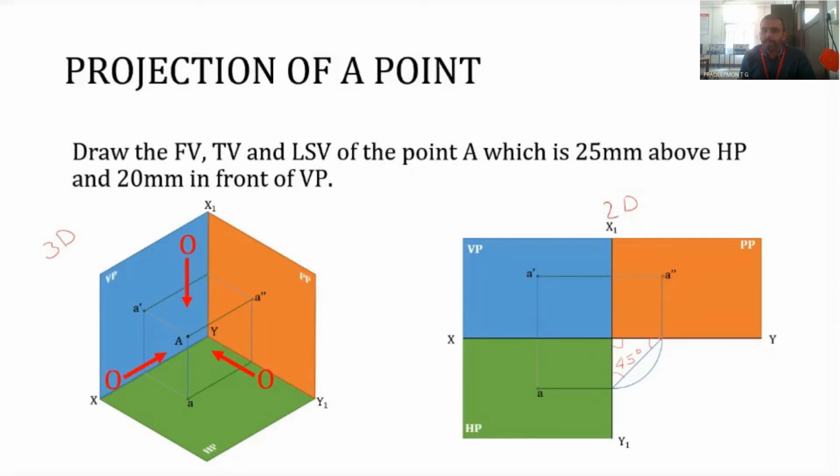Thus we obtain this point, and from this point draw a vertical line. The point of intersection of this vertical line and the horizontal line drawn through A dash will give you the side view. So this is how the side view is obtained.